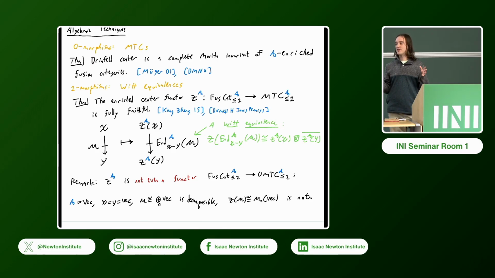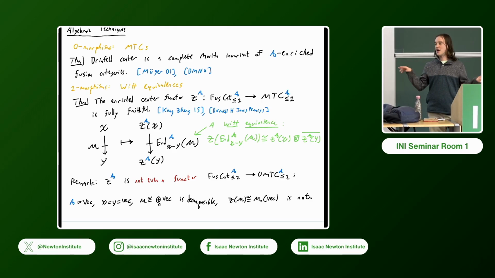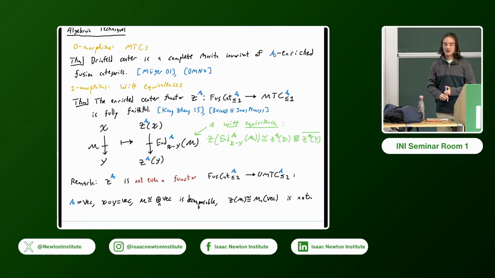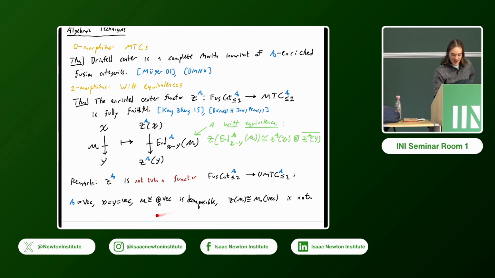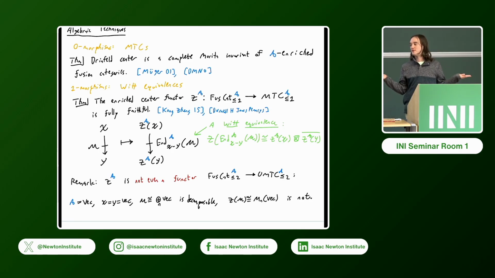This is just categorifying the fact that if I have an n-dimensional vector space, its endomorphisms are the n by n matrices over the ground field. So this thing is highly decomposable. I can project onto all the summands, but I think many people well know that there are no non-trivial ideals in the algebra of n by n matrices. So this thing is not decomposable. And so a map that would send this to this cannot be a functor.